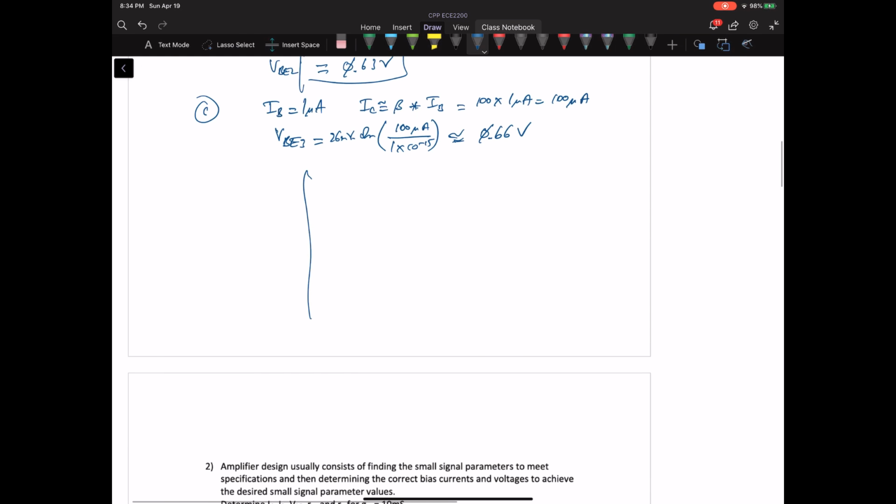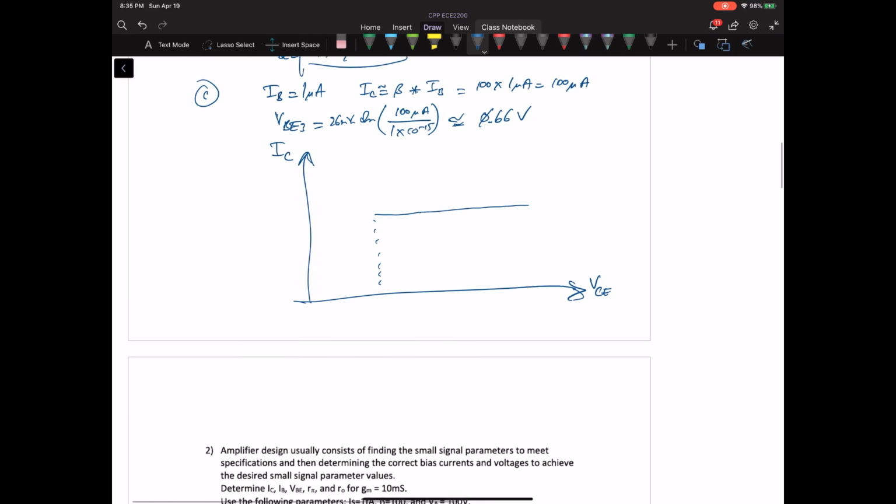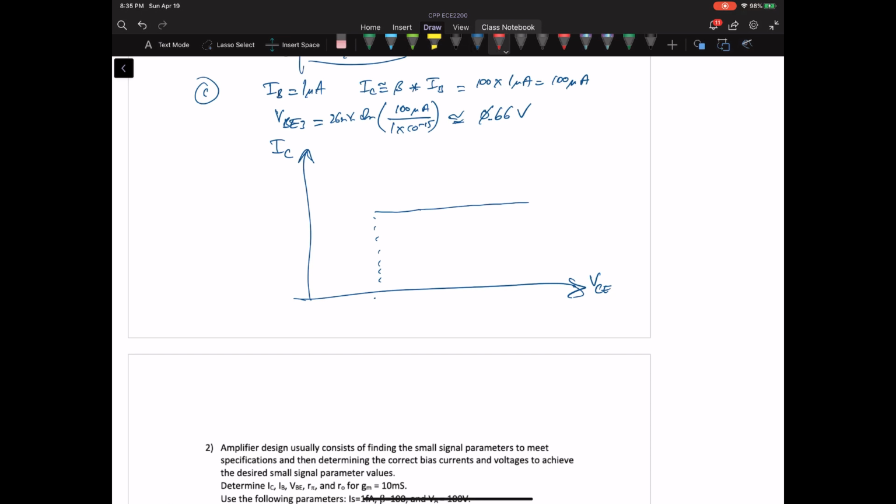Okay, so if we're plotting I sub C versus VCE, we can ignore Early voltage, so it's going to be just a straight line until you get to VBE3. When collector-emitter voltage is less than VBE3, your collector-base junction is going to be less than 0, and now you're violating the forward active requirement.